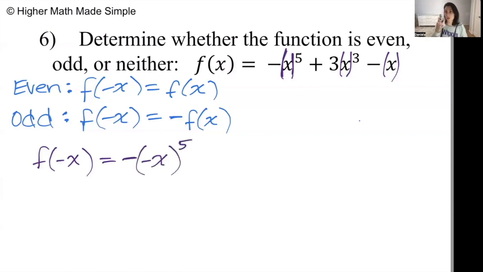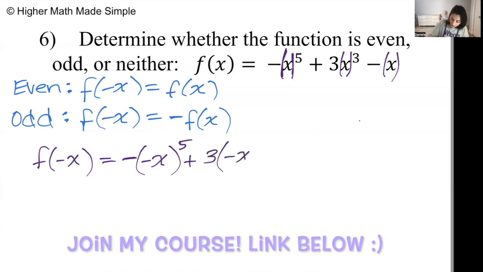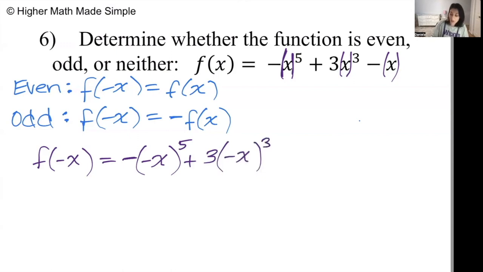We're making the substitution in the parentheses, as you can see. So plus 3, again, parentheses, negative x to the third power. And then super careful, right? We're substituting negative x, notice inside the parentheses, so we should have a minus parentheses negative x, right? That's going to end up turning into positive x, right?